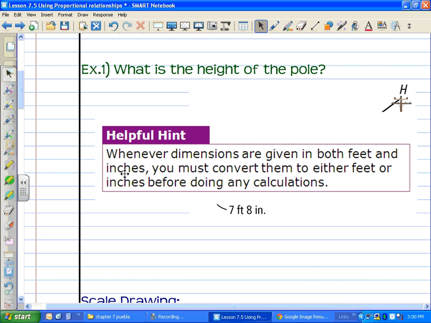For example, if they tell you that something is 3 feet 2 inches high, you're going to want to change that whole thing to inches. So obviously you would be going 3 times 24, right? What would that be? 72. So 72 plus 2, so this would be 74 inches. So you would want to use 74 inches, okay?